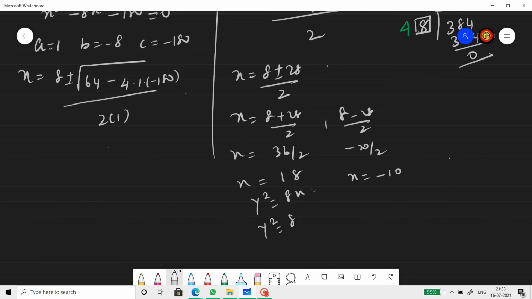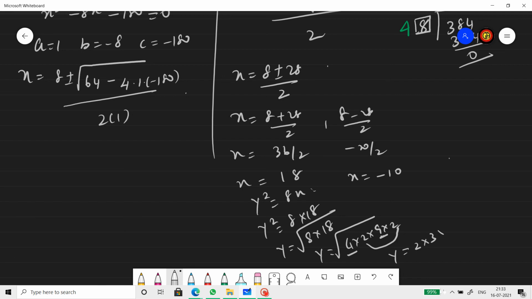So y square equals 8 into 18, so y is equal to root over 8 into 18. y can be written as root over 4 into 2 into 9 into 2. 4 is a square number, 9 is a square number, 2 into 2 is a square number. So I'll get y as 2, 3 and 2, so y is equal to 12.